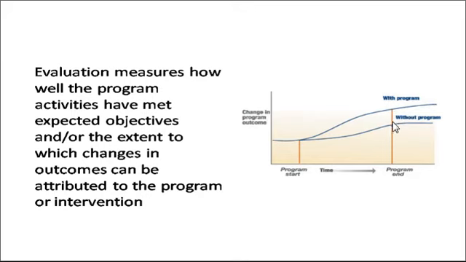Now, if I have to understand that the change in the indicators are to be attributed to my program, then I need a particular group of people who will not be privy to the particular communication campaign that I am introducing. So in this context, I need two groups of people in order to assess that the changes that are being observed in the field situation are due to the particular project that I have implemented.